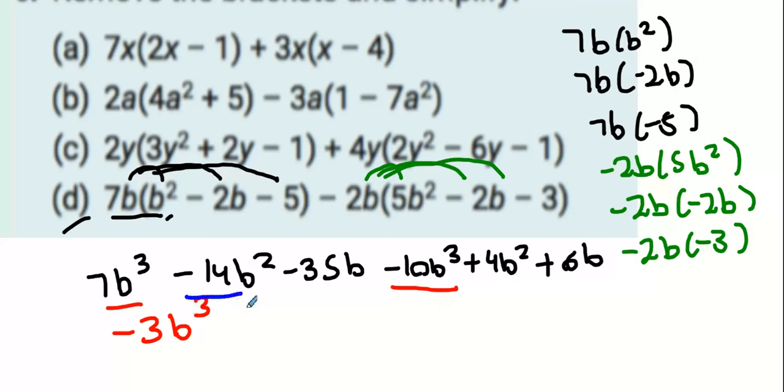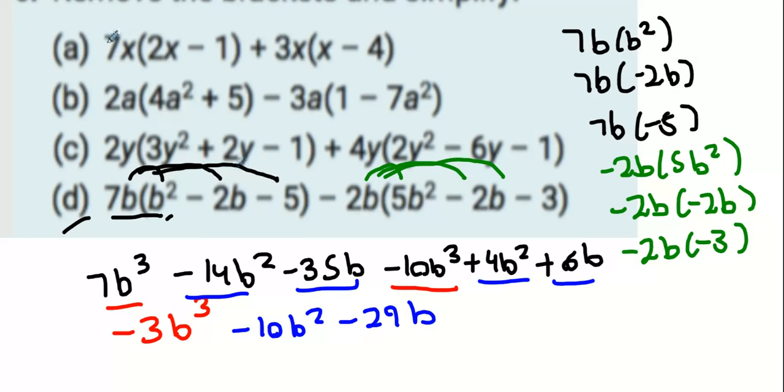You owe somebody 14, but you have 4. What's that? Minus 10b squared, all right? And then next thing, minus 35b plus 6b. You owe somebody 35 quid, and you have 6 quid. Minus 29b, okay?